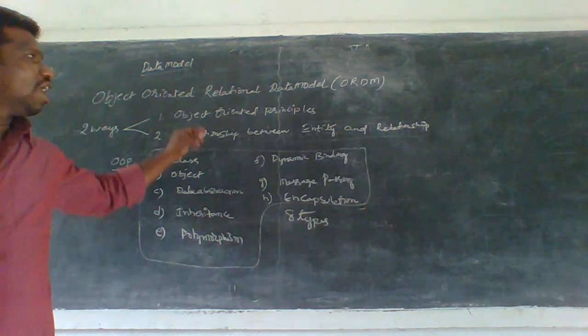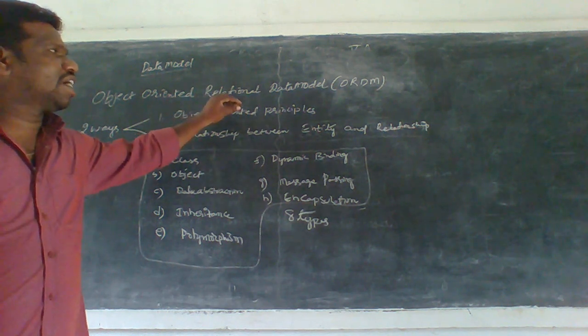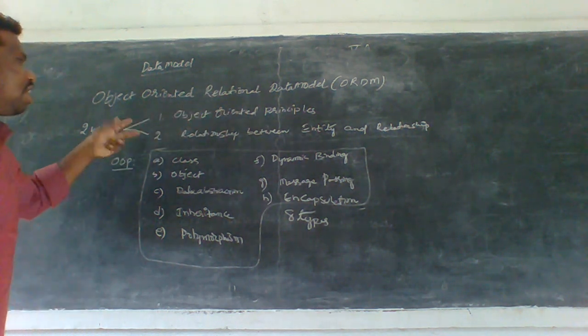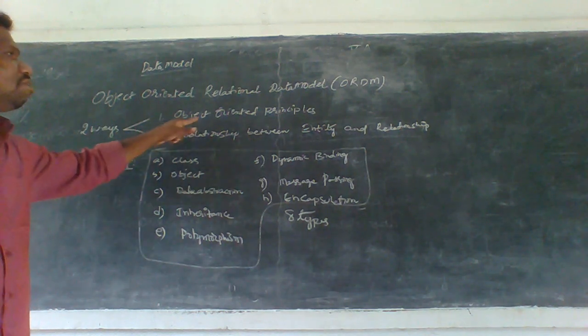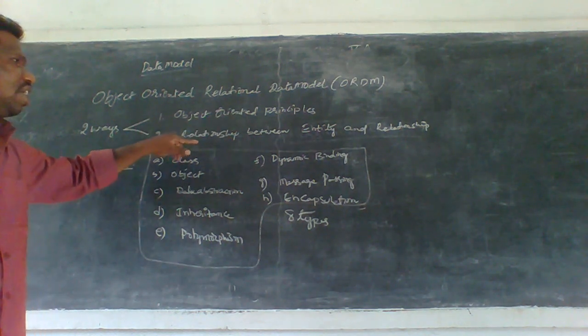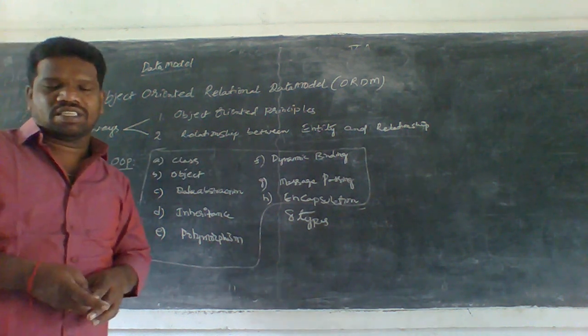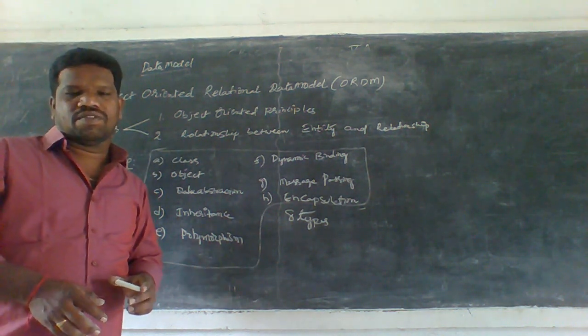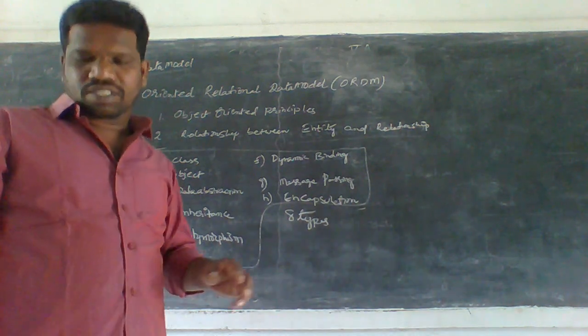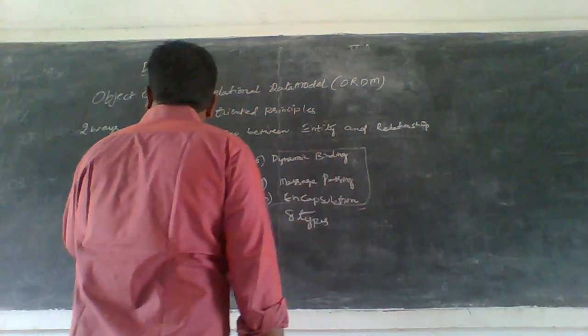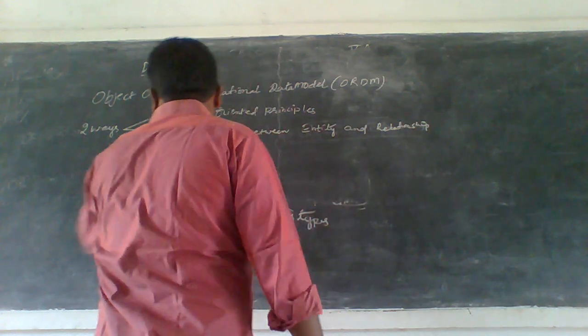The object relational data model can run in 2 ways. One is the object oriented principle, and the second is the relationship between entities and relationships. What are entities, what is a relationship? Let us do this example. I would like to draw a diagram.